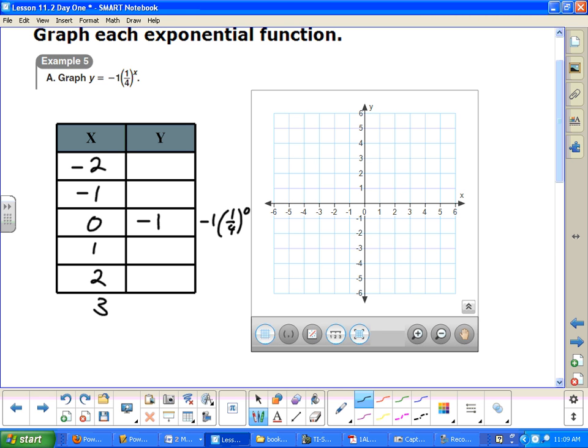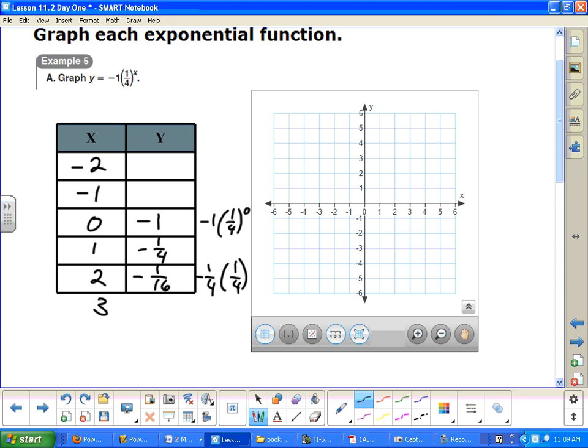So negative 1 times 1/4 is negative 1/4, right? Okay. If we multiply 1/4 times 1/4, we get what? So negative 1/4 times 1/4 is negative 1/16. Okay, well then this is just going to keep getting closer to 0, isn't it, when I go to 3.